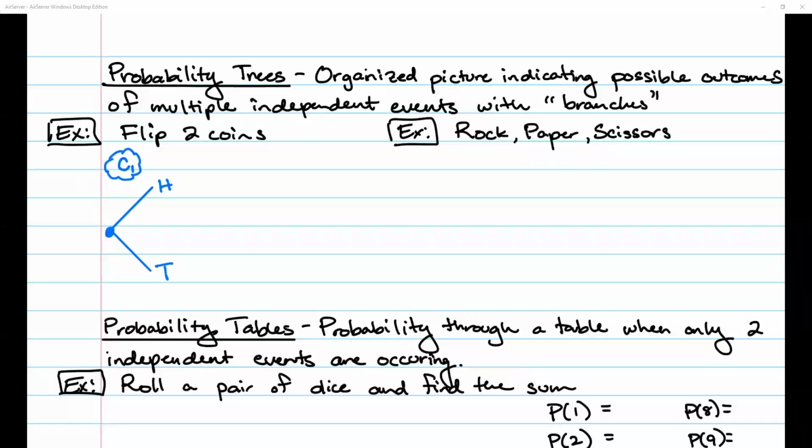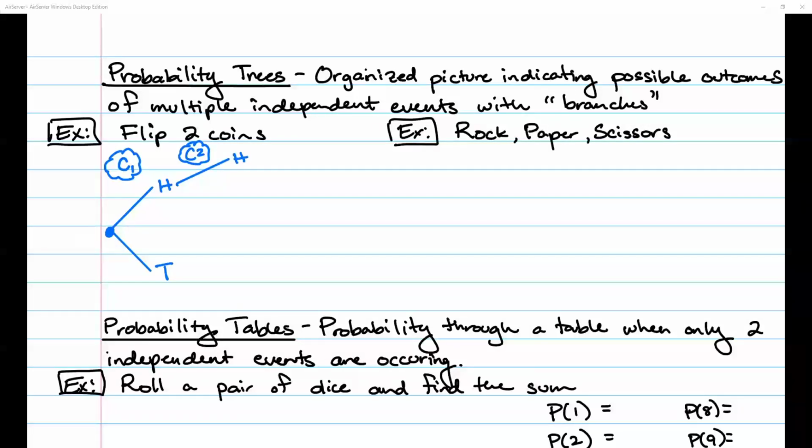Now, that doesn't mean you're done. We still have to consider coin number two. So let's pretend on coin number one, you landed on a heads. At the same time, coin number two has two different possibilities as well, so we can branch out two different ways. For coin number two, I'm going to put a little thought bubble and say, if I landed on a heads with coin number one, then for coin number two I also have two choices.